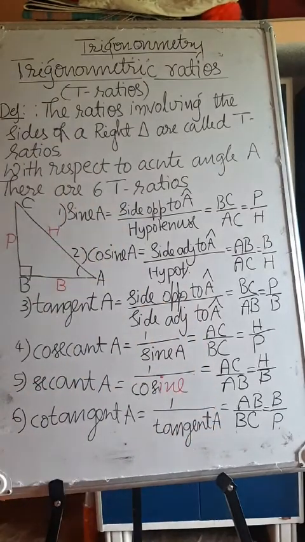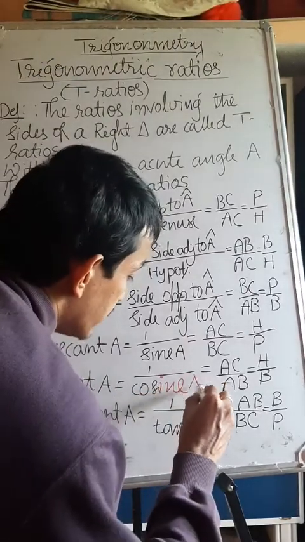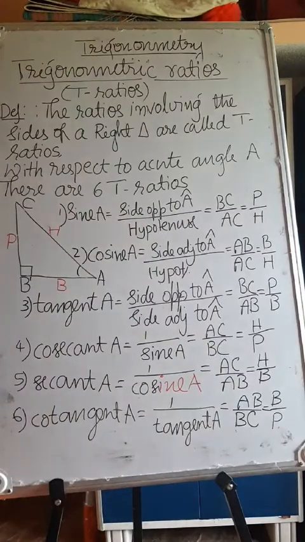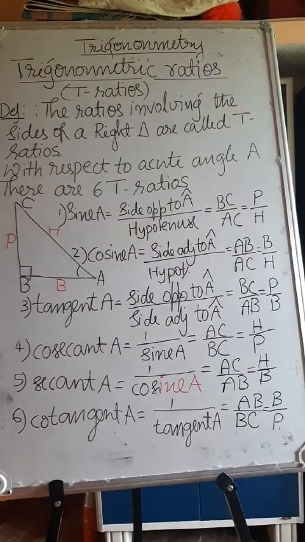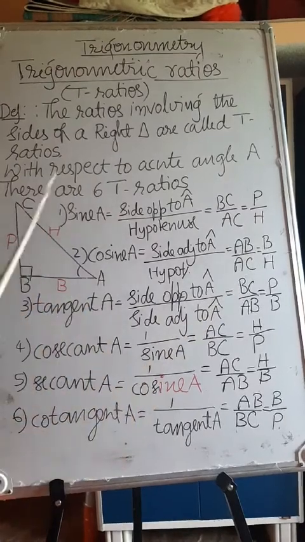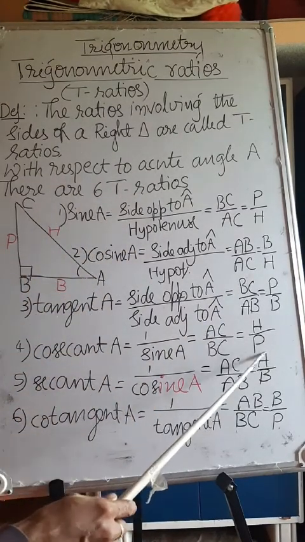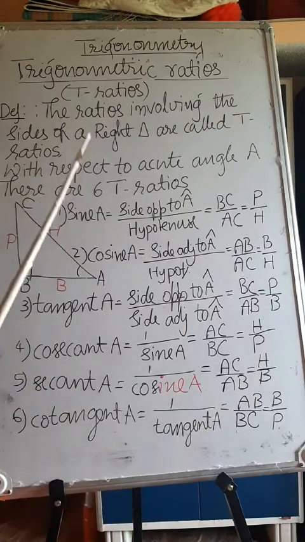Secant A is the reciprocal of cosine A. Cosine A, you know, is base by hypotenuse, but here you take it as hypotenuse by base. That is the secant A.